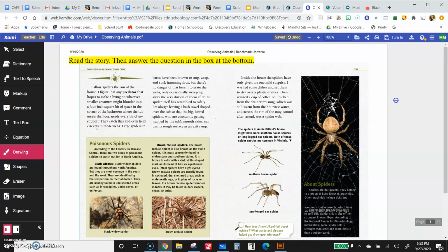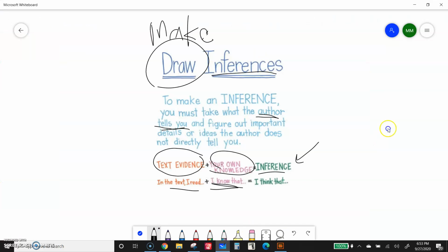What words does she use? Does she use sort of positive words? Does she use negative words? All those clues are important when we are making inferences and trying to figure out maybe what she's not telling us straight out directly, but just in sort of making us figure out. Good luck.